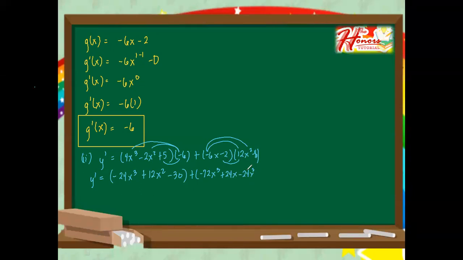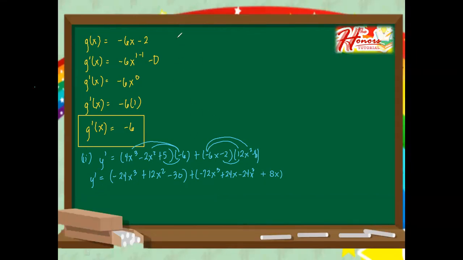We have here negative 2 times negative 4x, so we have here positive 8x. Okay, so let's continue solving now for y prime, or the first derivative.